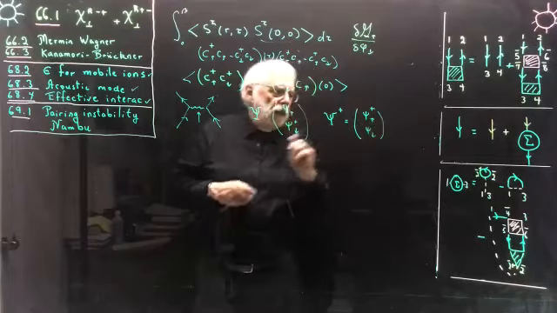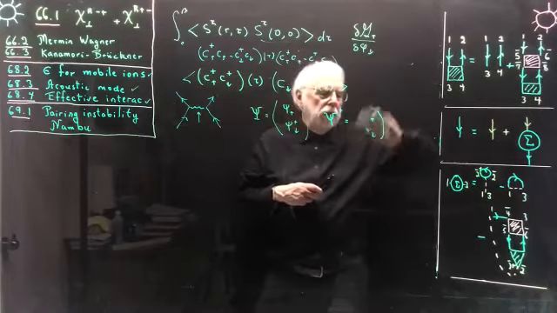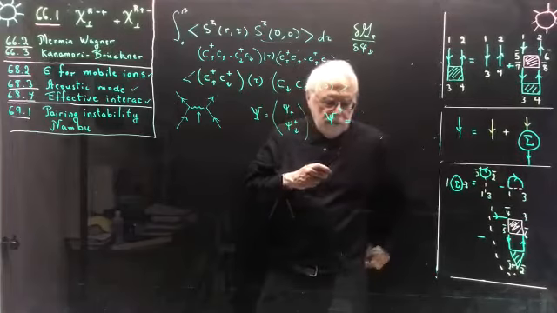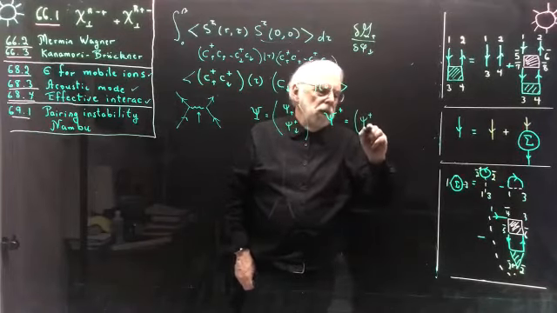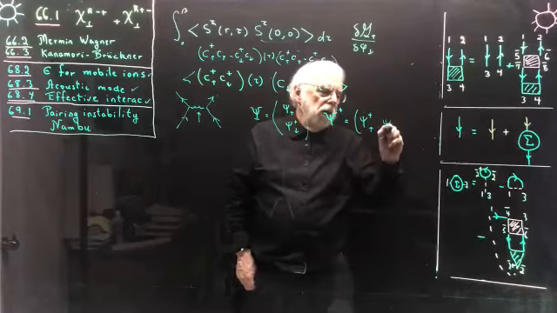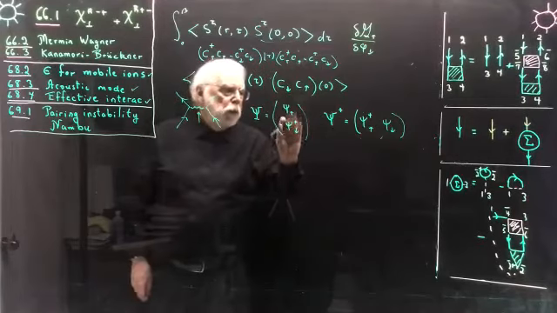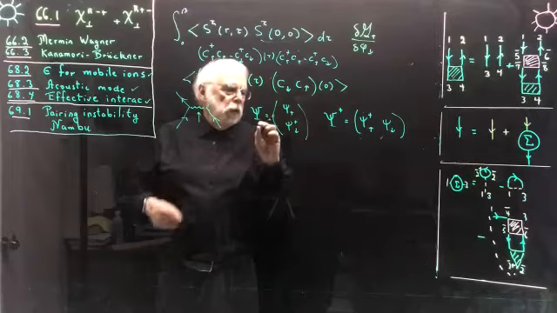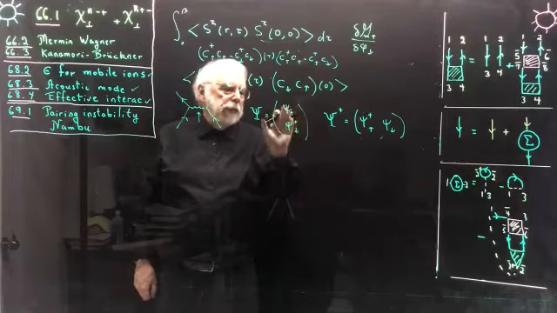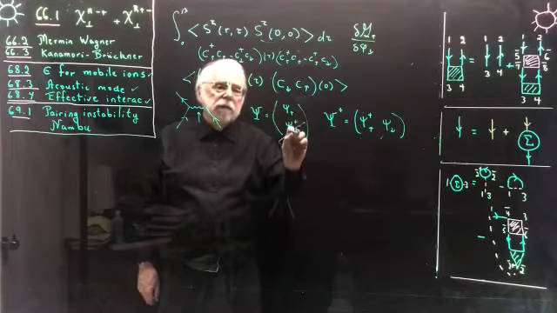It's a row vector. These are called Nambu spinors. So the component 1 of psi is psi up, and the component 2 of psi is psi dagger down. You see?